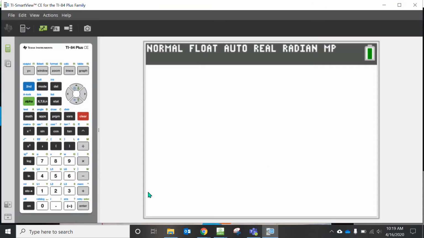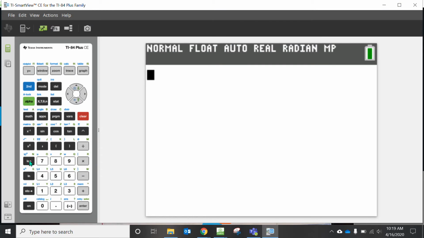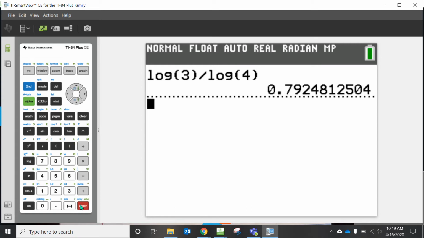I still have the TI, but log, LOG. So log of 3, close the parenthesis, divided by log of 4. And you get about 0.792. Alex will probably have you round to a certain decimal place. I bet you it's the hundredth, which is the second place, so that would be 0.79.